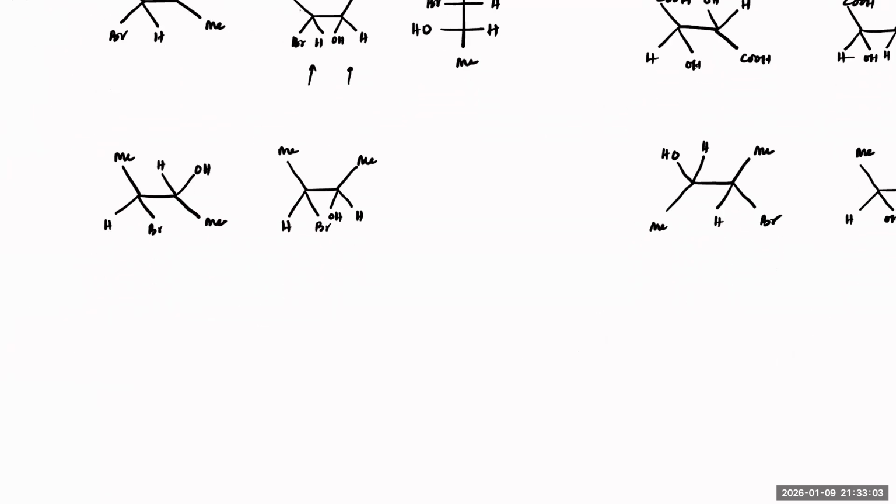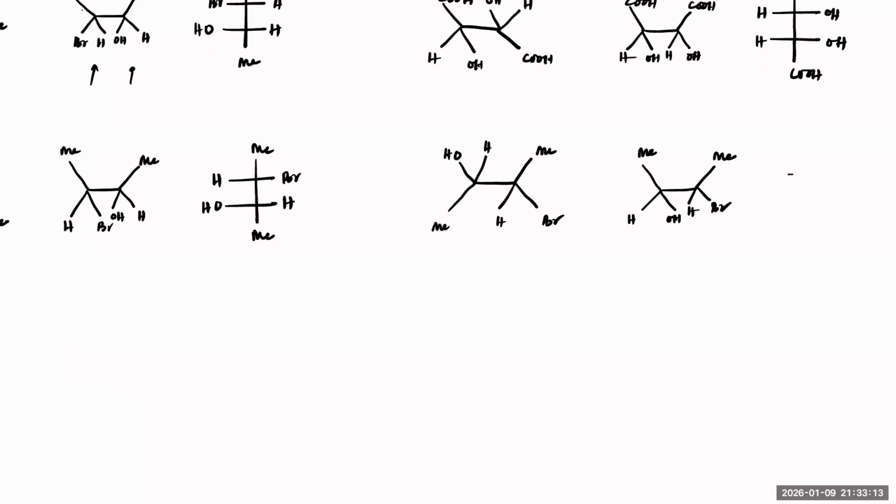Next. Here, methyl and methyl, H and OH on the left, Br and H on the right. Last. Here, methyl and methyl, H and H here, OH and Br here.